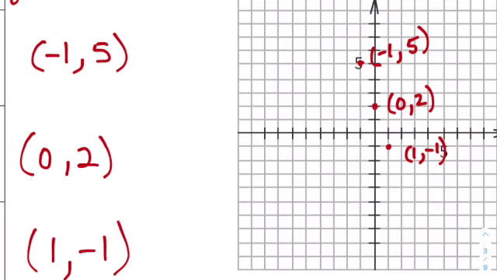Okay, and put the line through it. And that's how you do that problem.